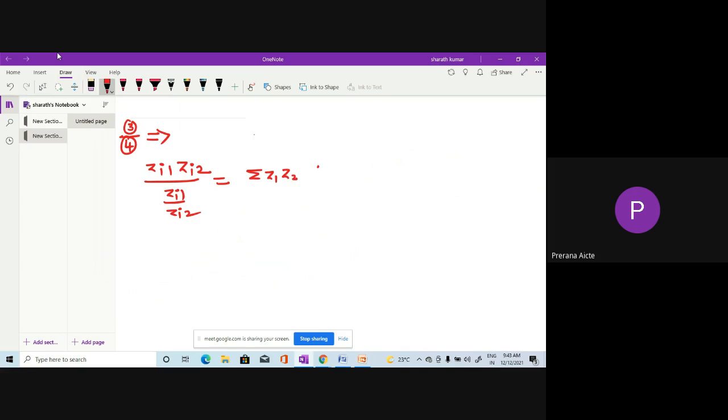Z1 Z2 into Z2 plus Z3 divided by Z1 plus Z3. Here Zi1 gets cancelled out.